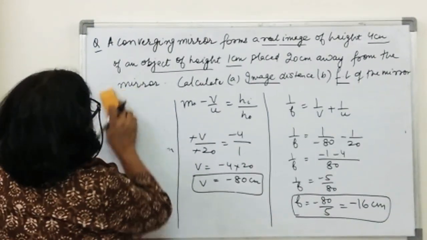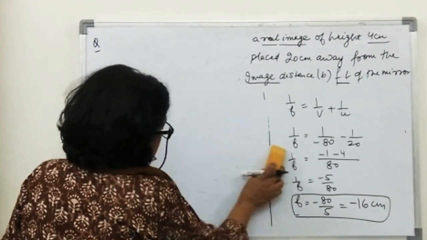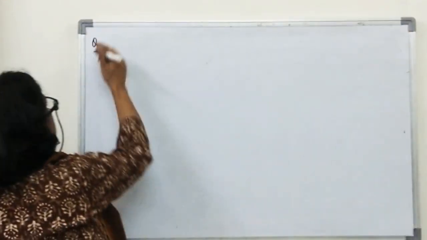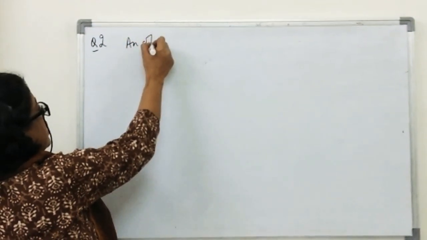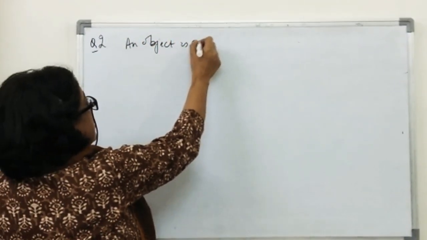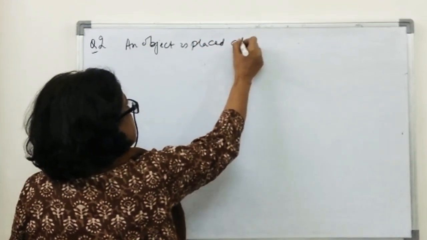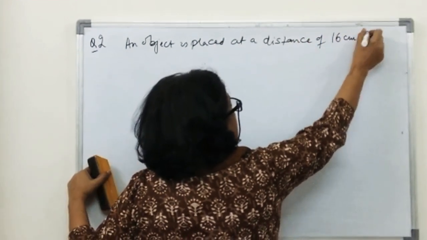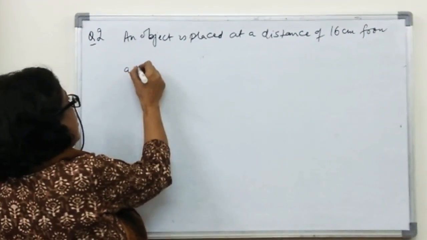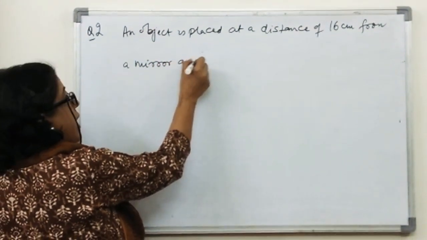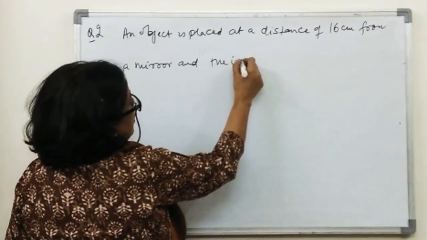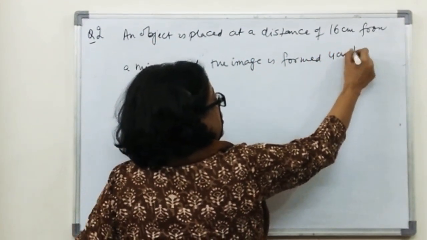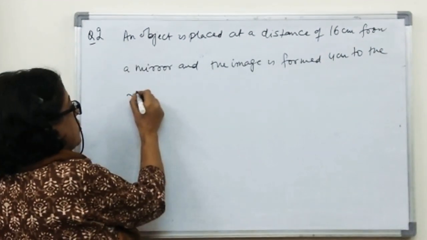Fine. Okay. So next take another question, let's take question number 2. An object is placed at a distance of 16 centimeter from a mirror, and the image is formed 4 centimeter to the right of the mirror.